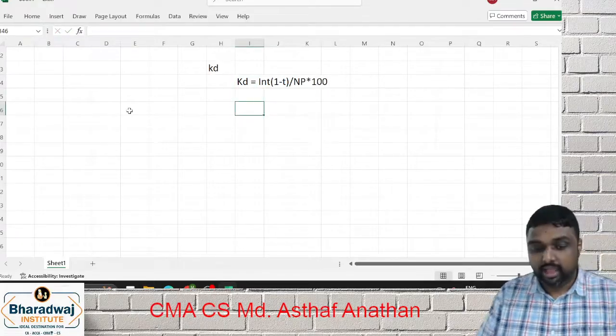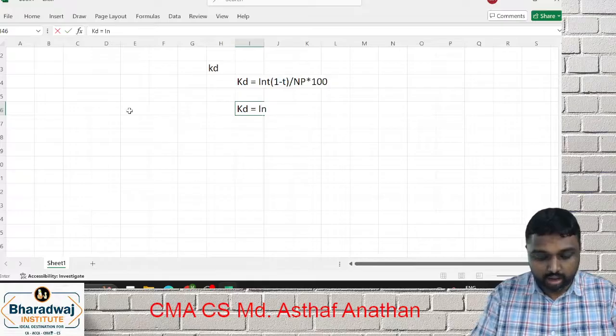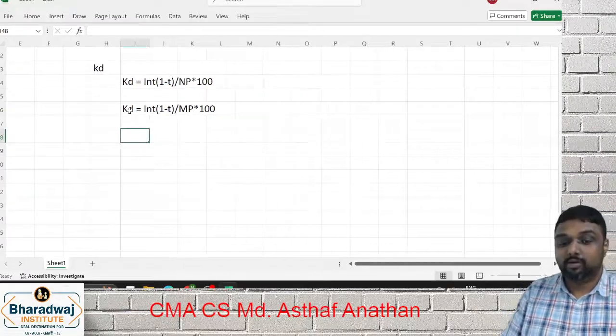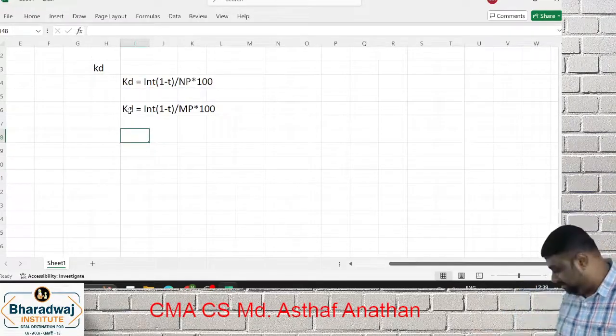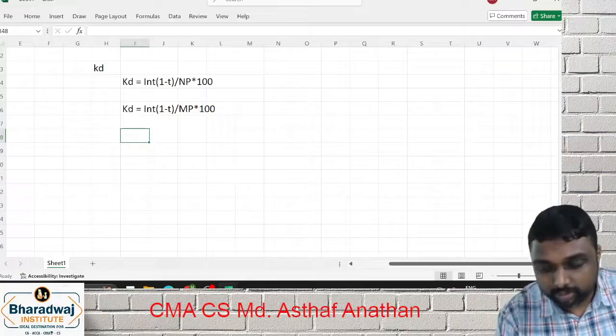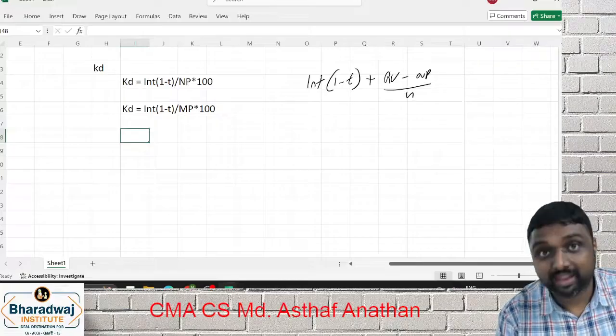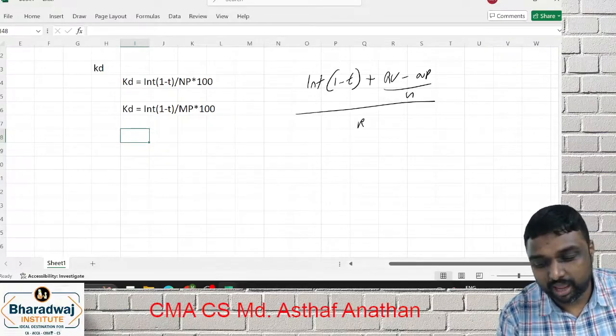Then if it is already listed, now you can go interest into 1 minus tax by market price. Now we have another concept called redeemable. So redeemable now it will be the same way, interest into 1 minus tax plus RV minus NP by N, whole divided by RV plus NP by 2 into 100.